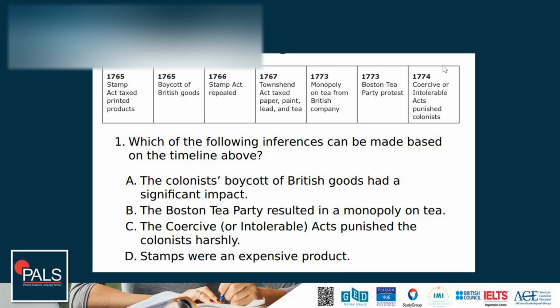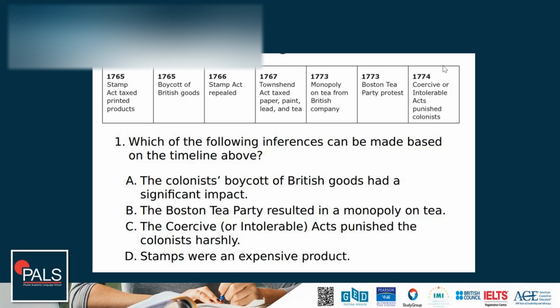Okay, here we have a timeline talking about different events in pre-revolutionary colonial history. The question asks us, which of the following inferences can be made based on the timeline above? So inferences and making inferences is a valuable skill for the GED test. Please make sure you practice this.